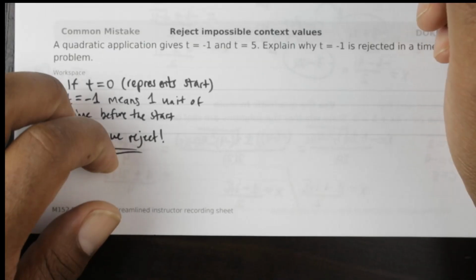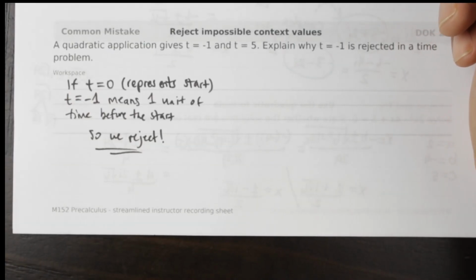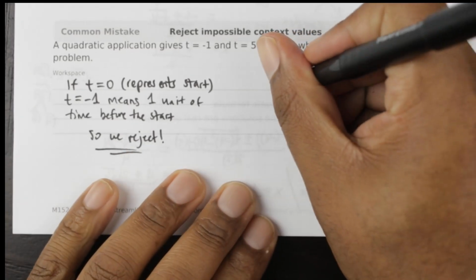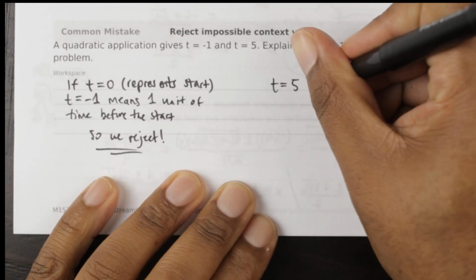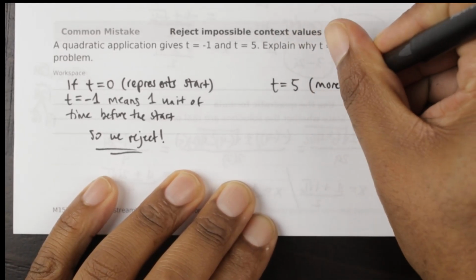So we reject it. Obviously, t equals -1 is rejected because we cannot have negative time. And the valid answer obviously is t equals 5.